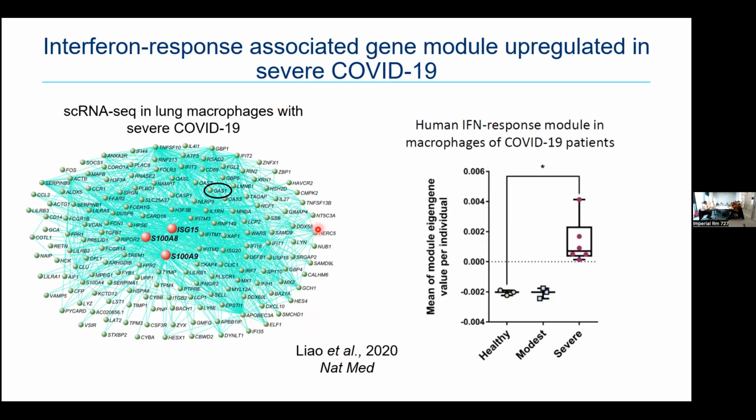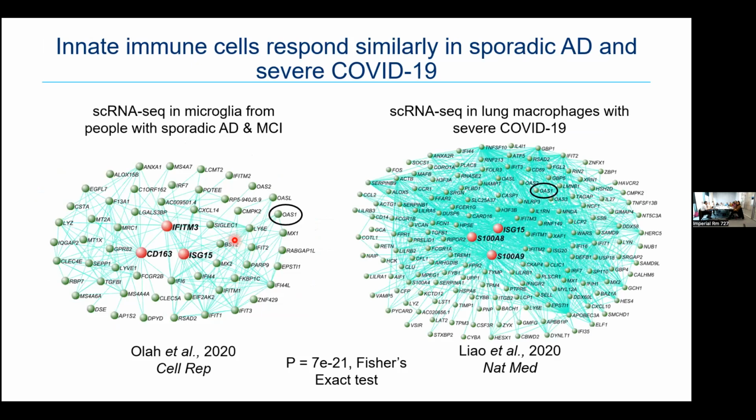And these collections of genes were increased in people with severe COVID responses compared to modest responses to COVID and healthy individuals. The summary here is that this module of genes is driving the response of these innate immune cells here in lung macrophages, but in the previous slides to amyloid pathology in the microglia in the brain.